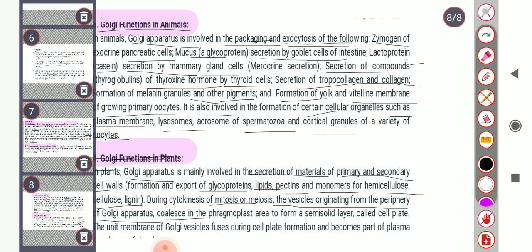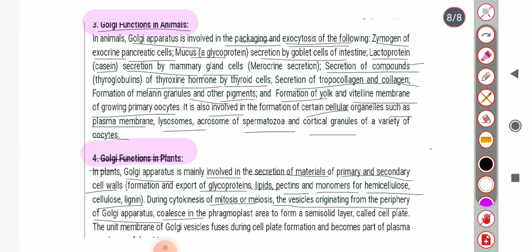When we talk more about its function, its main function is the production of complex carbohydrates and hormones; production of hormones of the endocrine glands is mediated through it. This means the Golgi apparatus also helps in the production of many hormones. Another function is synthesis of pigment.